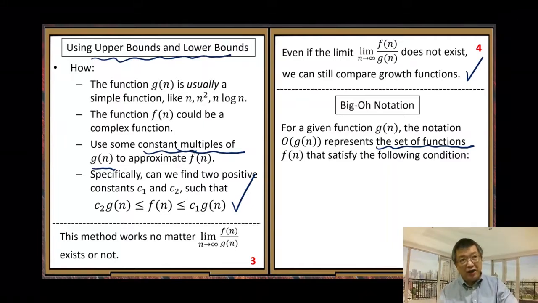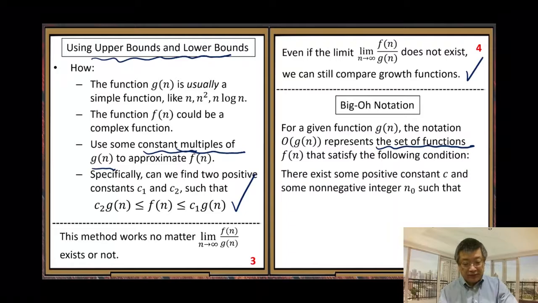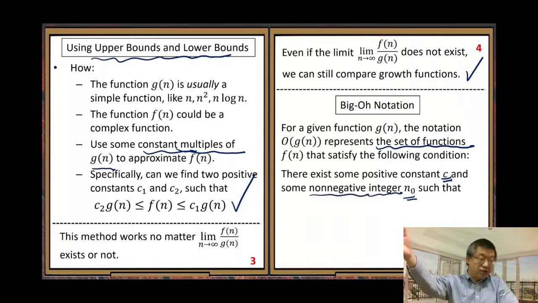So what are the key conditions here? The condition is pretty long. There exists some positive constant c, and some non-negative integer n0. This one will require a non-negative integer; c is just positive.